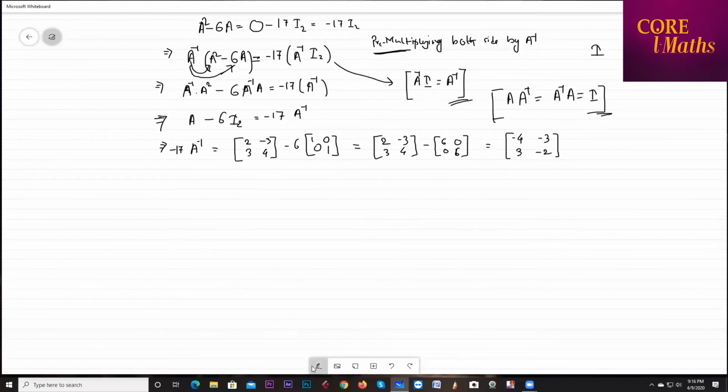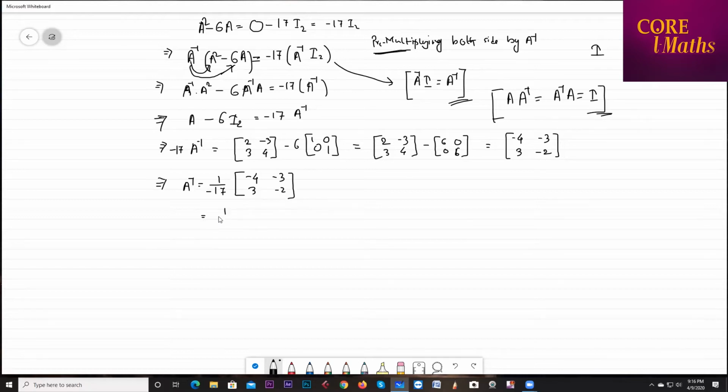So in the next step, we can write A inverse equals 1 by minus 17 into that matrix, minus 4, minus 3, 3, minus 2. If we take minus common, then it will be 1 by 17 into 4, 3, and it will be minus 3 as we are taking minus 1 common.